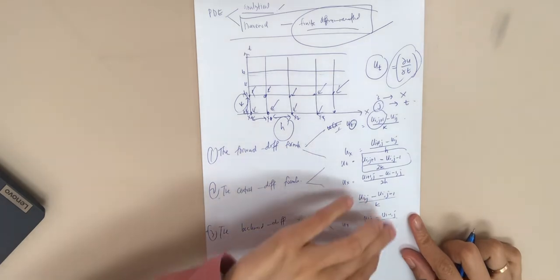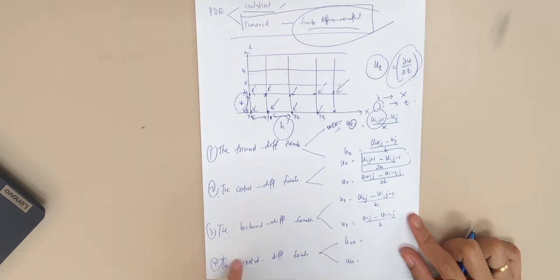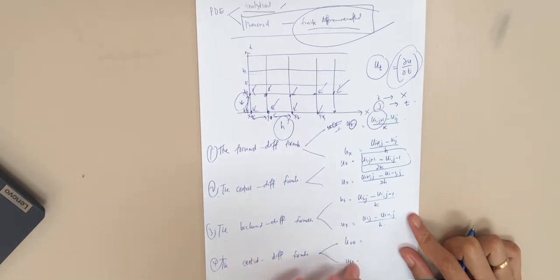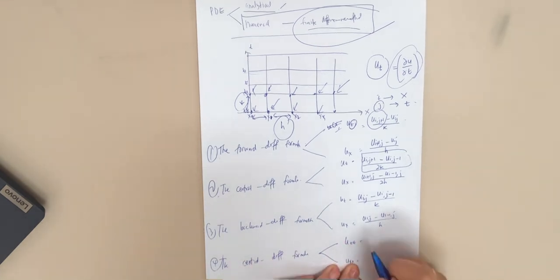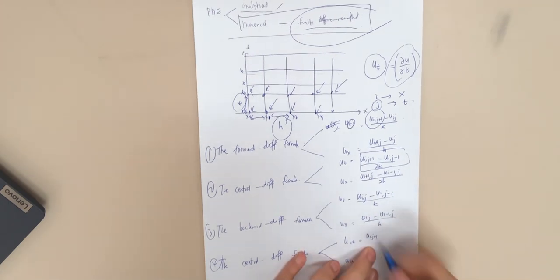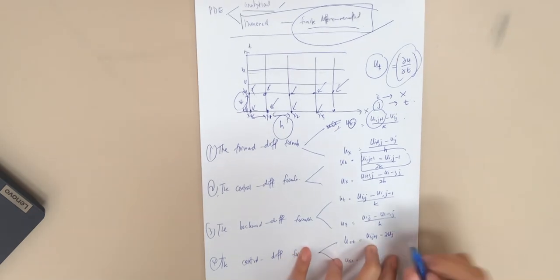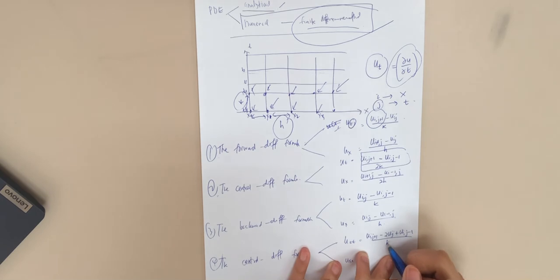Okay, so all these 6 formulas are for the first order. So now we go to the second order, u t t. It will be u i j plus 1, minus 2 u i j, plus u i j minus 1, divide by k square.